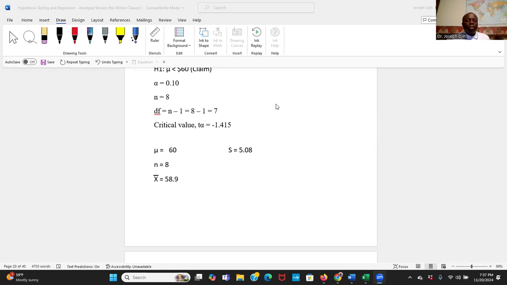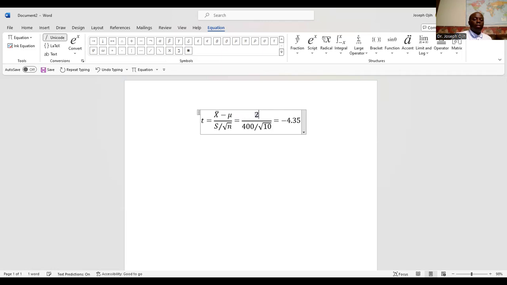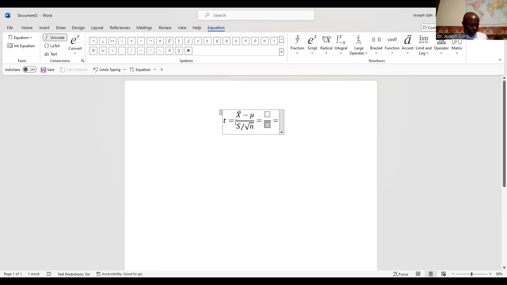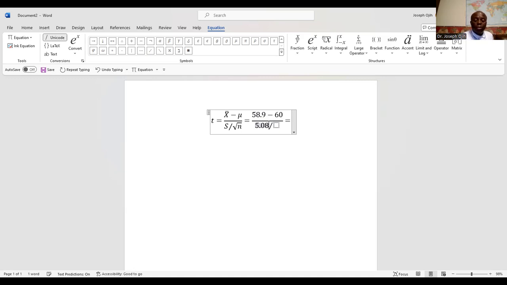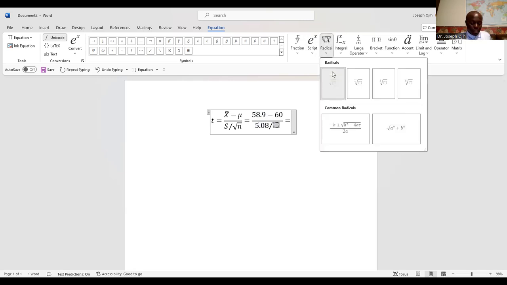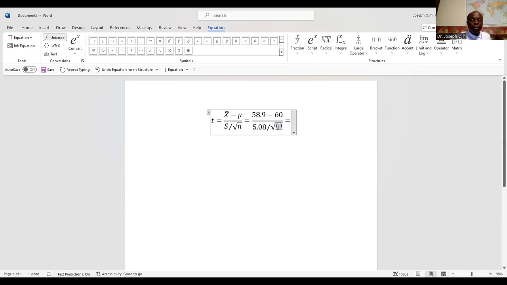So we have T equals this. The sample mean is 58.9, the population mean is 60, divided by 5.08, which is the standard deviation, over the square root of 8.